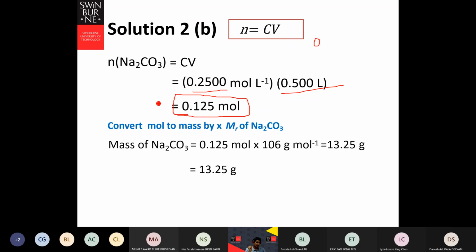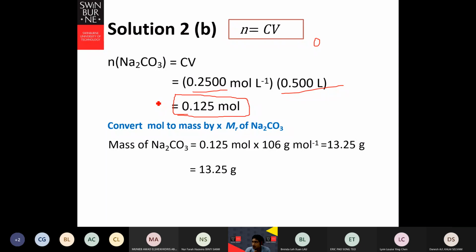Now, if I ask you, can you give me 0.125 mole? We will not know how much that is. But if we know the mass, then we will be able to find out the amount required.